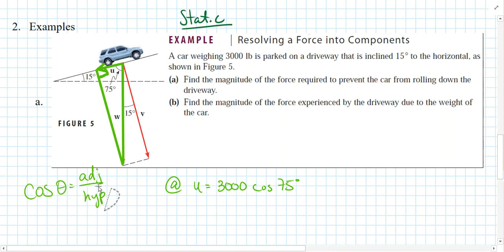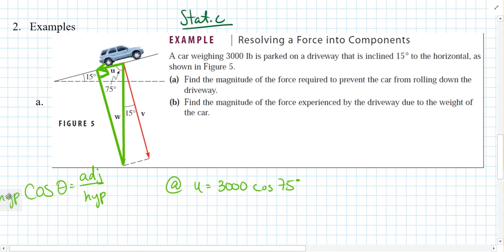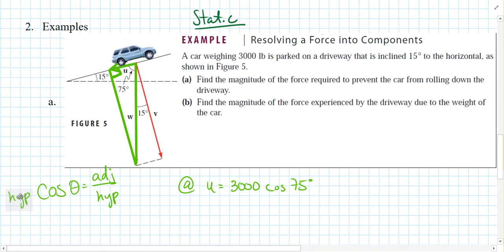We know immediately that our objective is to solve for the adjacent side. That's what our u component is describing. So if we multiply both sides by the hypotenuse, then we will isolate adjacent. And that's exactly what we have here. Hypotenuse times cosine of the angle measure. And that computes to approximately 776 pounds of force.